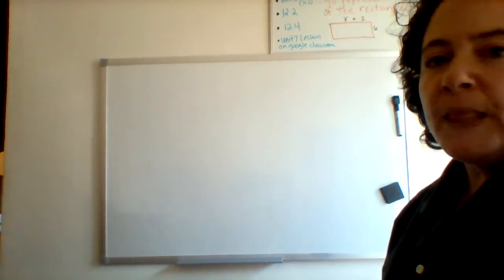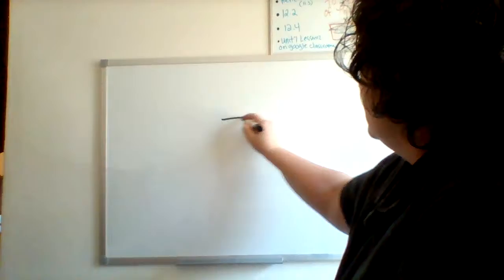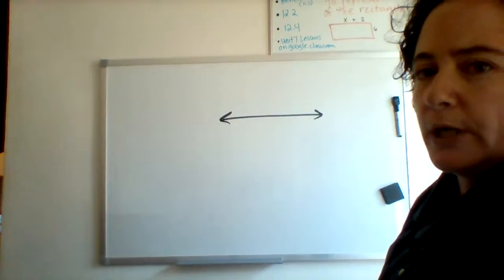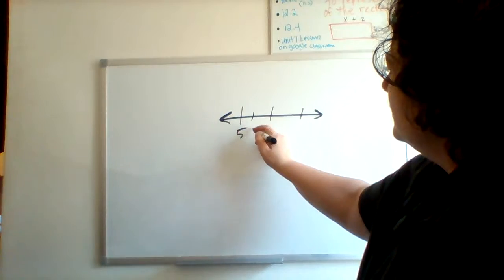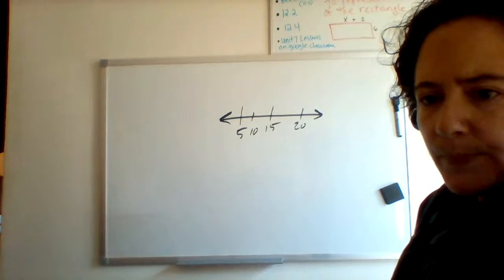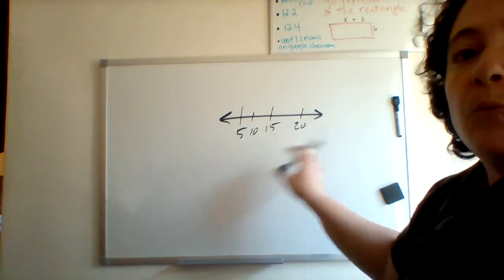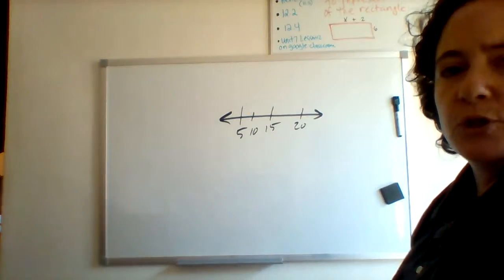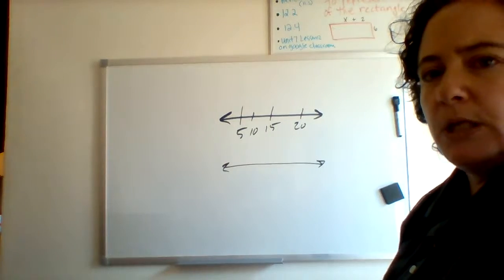So for example, let's pretend I wanted to count by fives on a number line. Would I do this? Would I do that? No way. I wouldn't do that because it's not showing me a consistent 5 every single time. Good job. I have to keep it basically equidistant between each number.